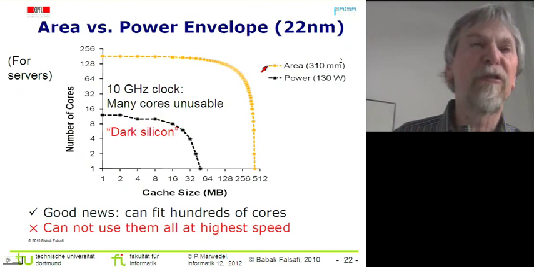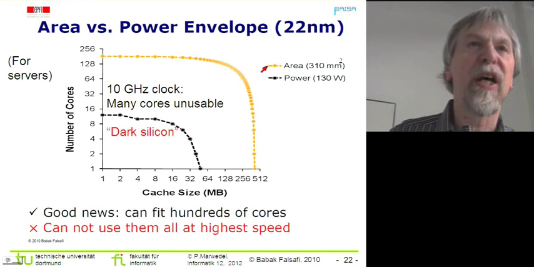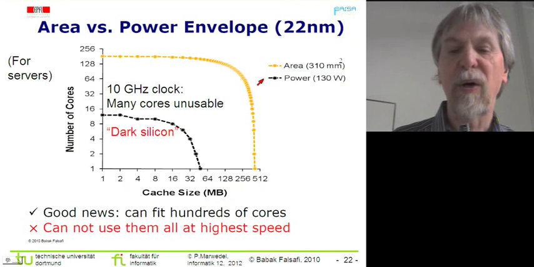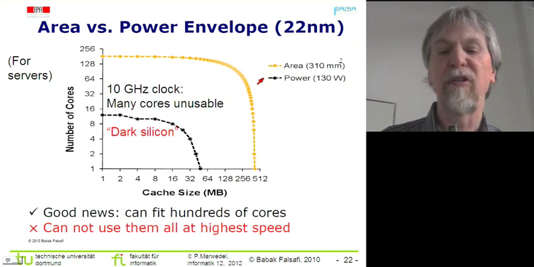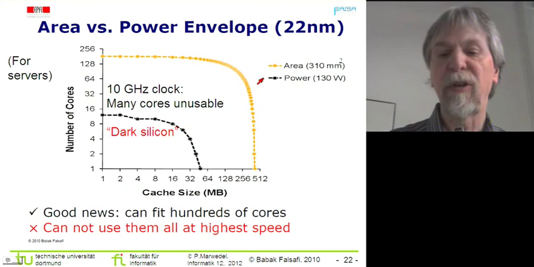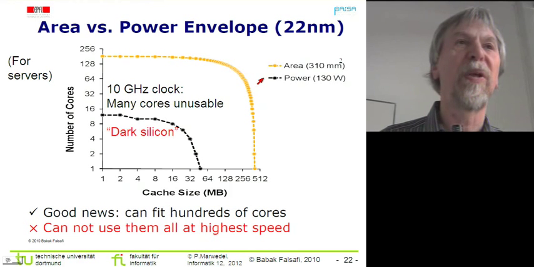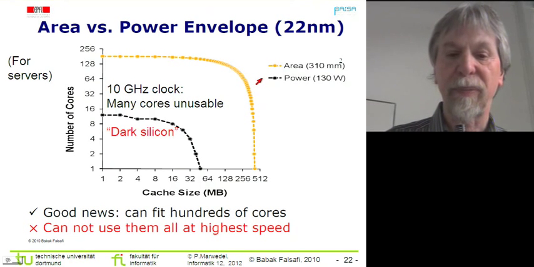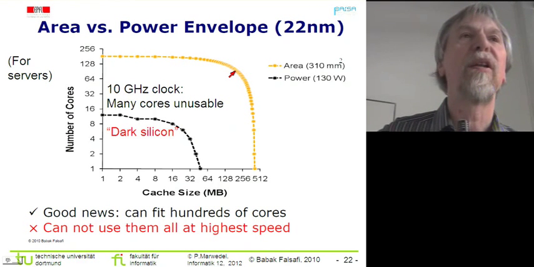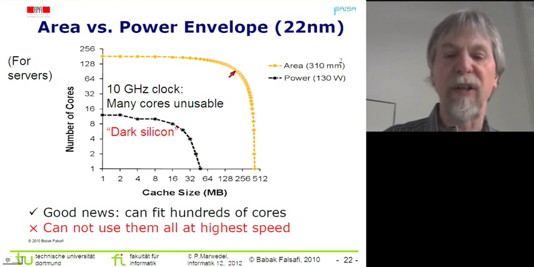And also it was predicted again by the ITRS roadmap, that the power that would be used for these chips would be 130 watts. Beyond the 130 watts, cooling becomes rather complicated, so we try to avoid that. So given the chip area and giving the power requirements, we can look at the constraints that we have.